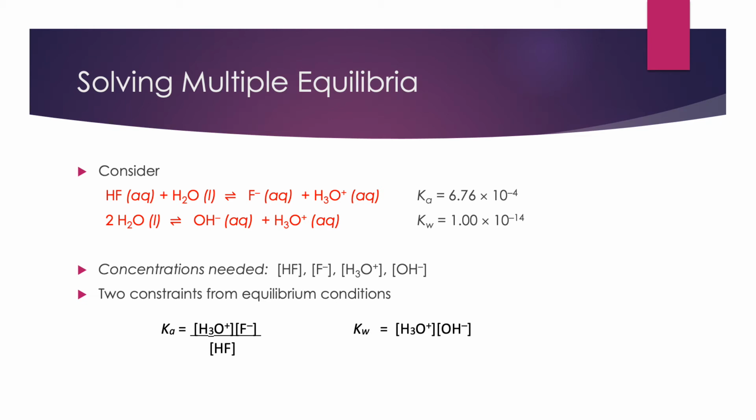The concentrations that we have to solve for in order to solve the complex multiple equilibrium problem would be the concentration of the undissociated hydrogen fluoride, the concentration of the fluoride ion, F-, the concentration of the hydronium ion, H3O+, and the concentration of the hydroxide ion, OH-. Okay, so those are the four concentrations that are in that solution, and we need to find out what they are when we combine these two equilibria together.